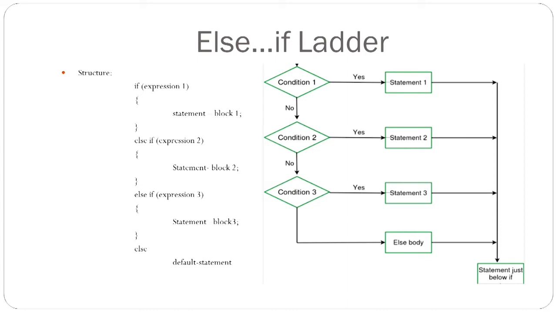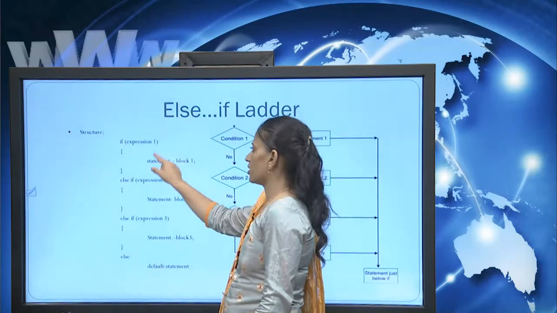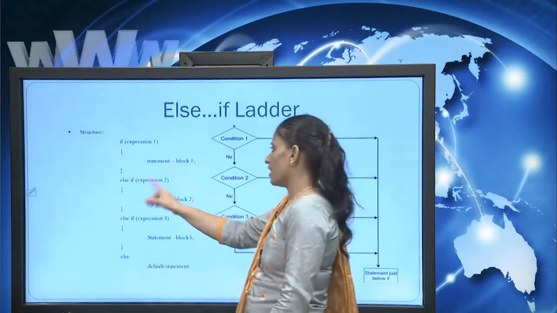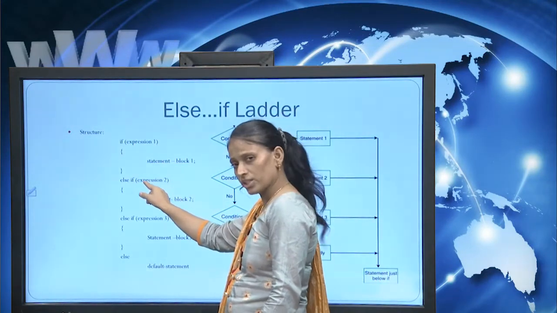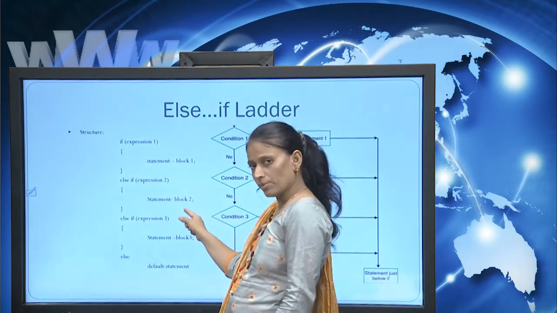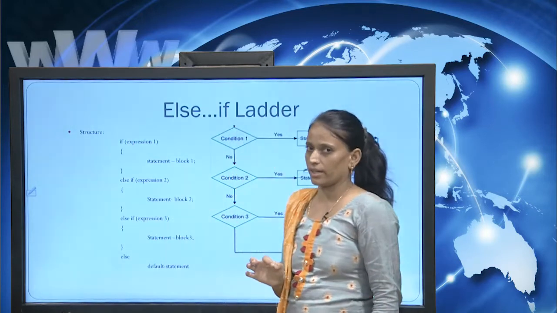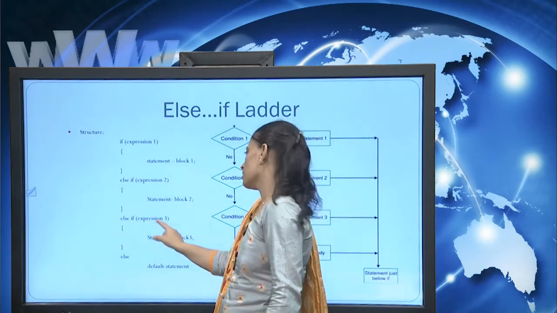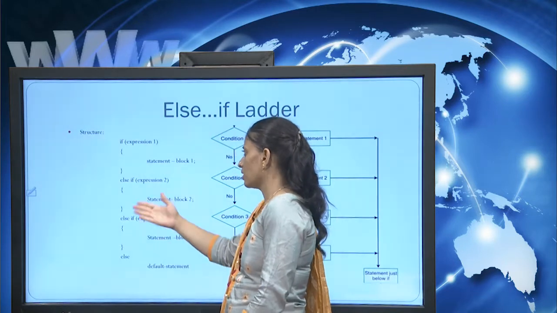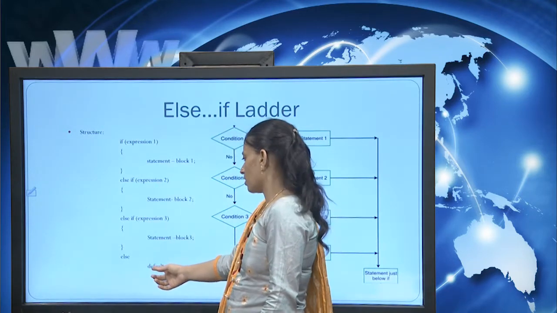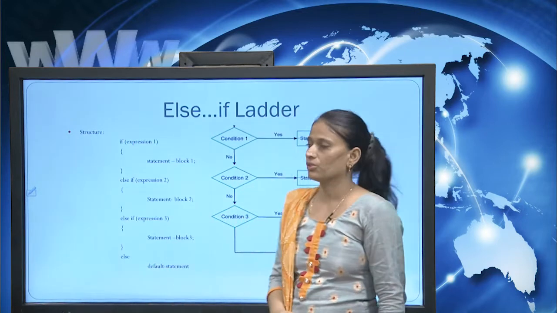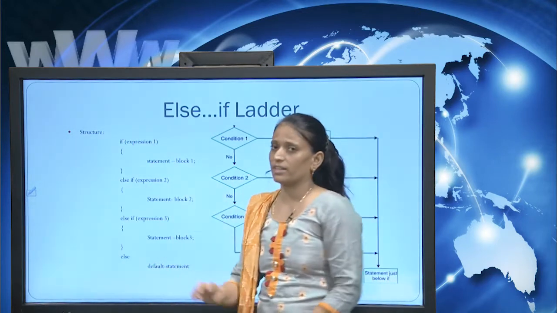The structure of the else if is: if the specific condition is true, then the statement block will be executed. Else if expression 2 is correct, then statement block 2 will be executed. Else if expression 3 is correct, the condition is satisfied, and statement block 3 will be executed. At the end, the default statement will be executed if all the conditions are false.